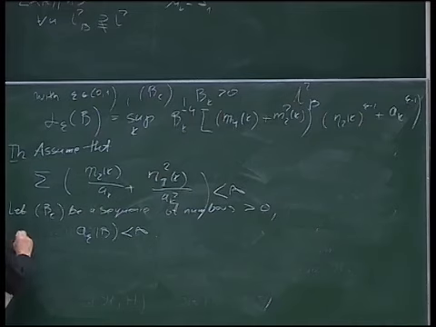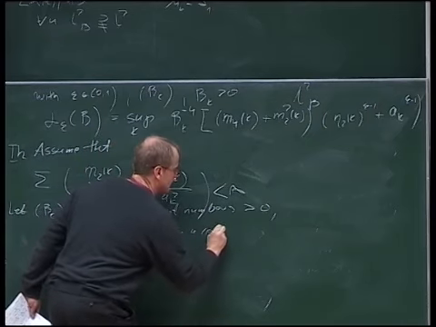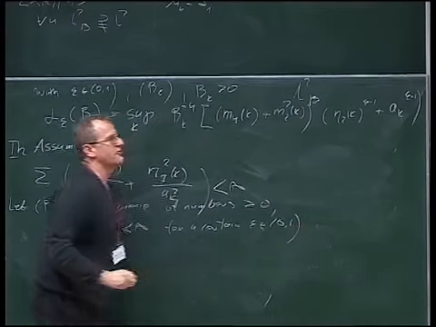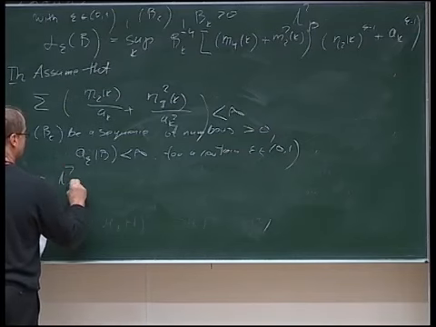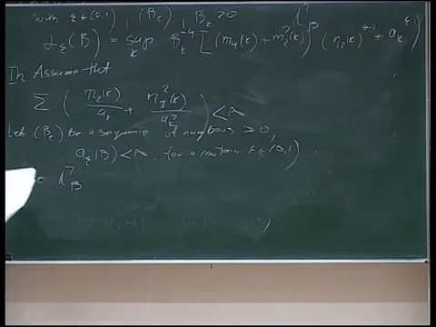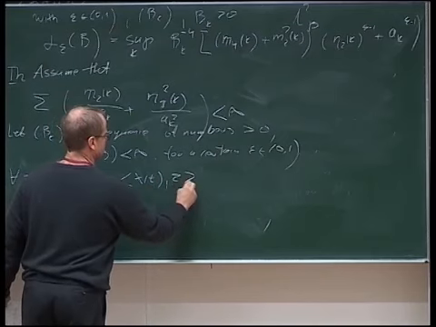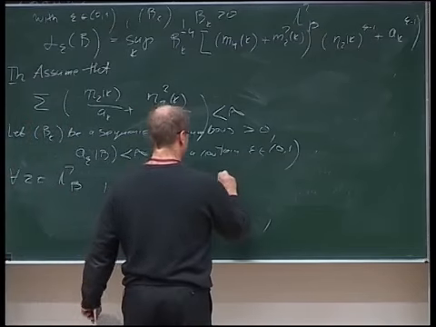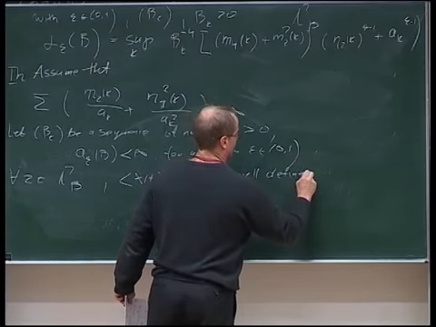Then for some epsilon, if I have this, then for all z from L to beta, this process X_t z in L2 is well defined and càdlàg.